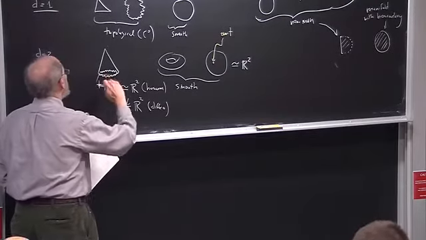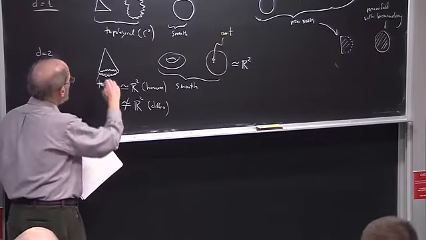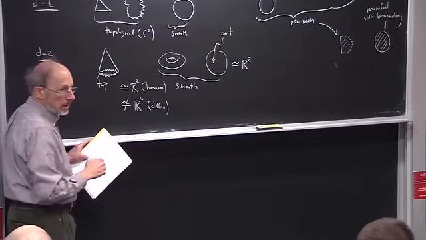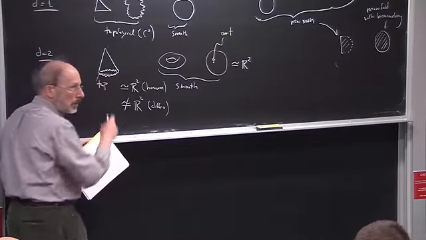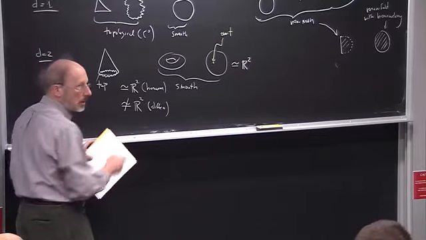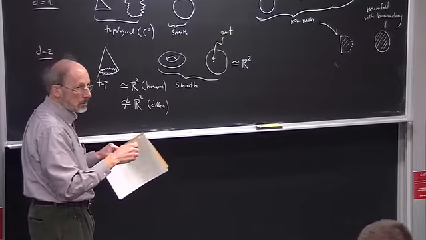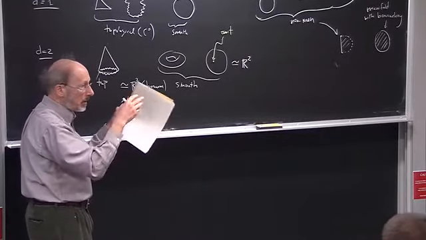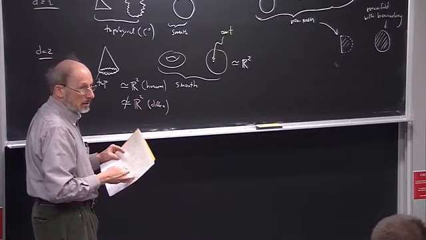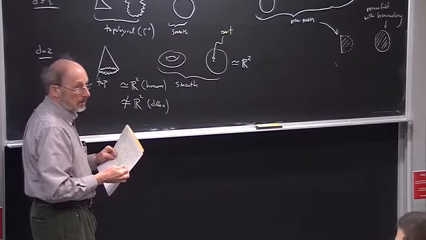You could cut it off, as the way I had drawn it originally suggested, and then it could be a manifold with boundary. And if I left out that circle that would have been the boundary, then it's again homeomorphic to R2, because from a topological point of view there's no distinction. If you capped it off, couldn't it still be a manifold? It would just be homeomorphic to a sphere.